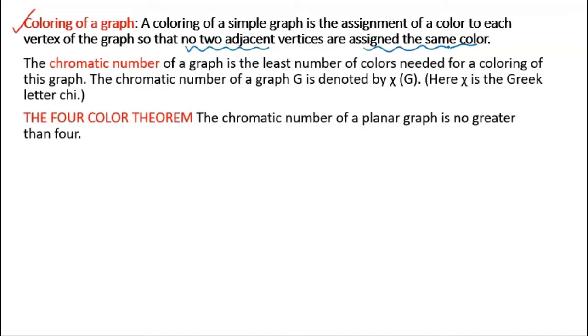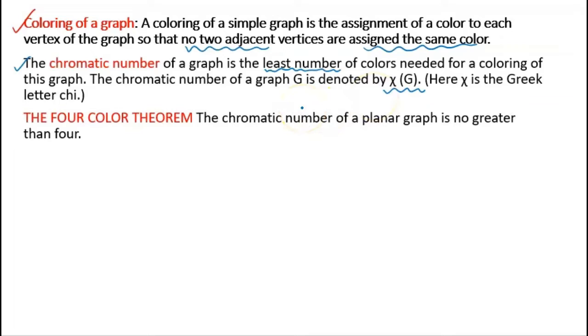We are going to look at some examples also, but before that let us look at this definition, and it is a very important definition. The chromatic number of a graph is the least number of colors needed for coloring of this graph. The chromatic number of the graph G is denoted by chi G, where this is a Greek letter chi, right?